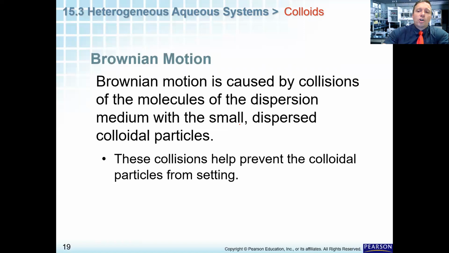So Brownian motion is caused by collisions of the molecules of the dispersion medium with the small dispersed particles, the colloid particles. So similarly, like I said, the water molecules striking it are causing it to move, and that's called Brownian motion. And that's why it doesn't settle. It can't settle because they're constantly being hit. That's another really important note right there. The reason they don't settle out is because they're in constant motion, so they're going to stay striking molecules and stay moving.